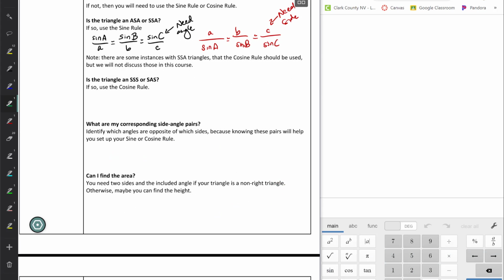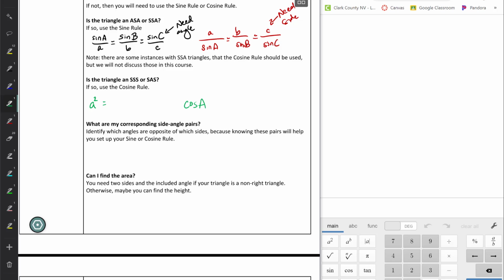Now, if you don't have one of those scenarios where it's SSA or ASA, then maybe you have a situation where you have a side-side-side triangle or an SAS triangle, where you have two sides plus an included angle, the angle that is formed by those two sides. And if that's the case, then you can go ahead and use the cosine rule, which I always build in this case where I have one of the sides and its corresponding angle on the opposite side of the relationship.